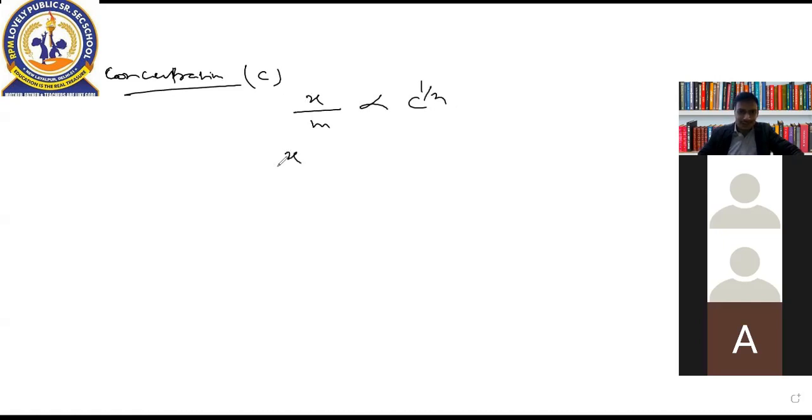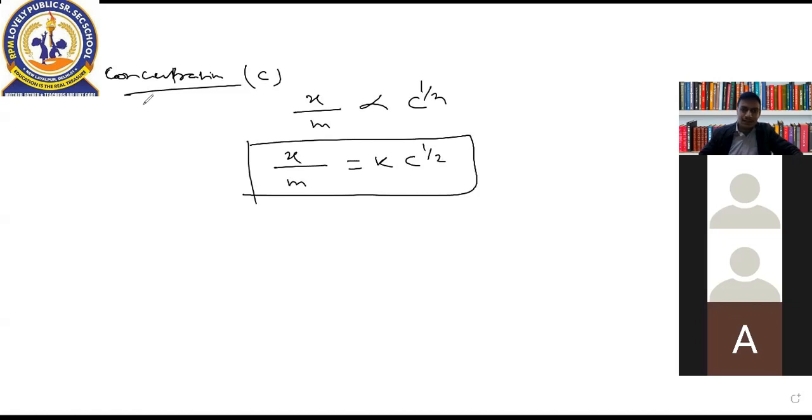And x by m equals k C to the power 1 by n. This is the equation for concentration. Again, increasing concentration always increases the rate of adsorption; C is directly proportional to the rate of adsorption. But how much directly proportional? It is explained by this equation only. So this is all about the different factors which affect the rate of adsorption.